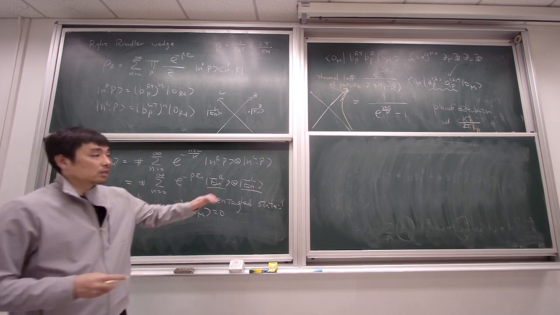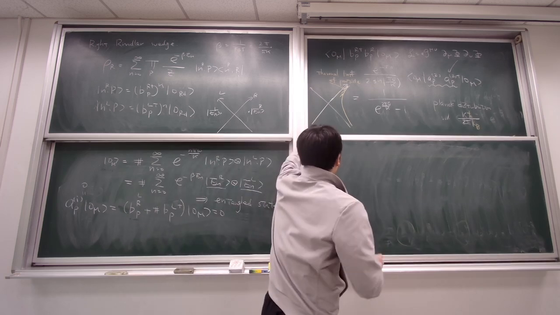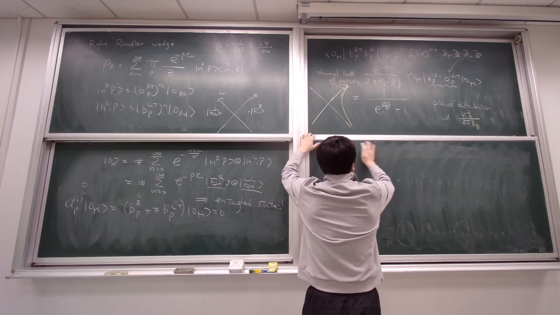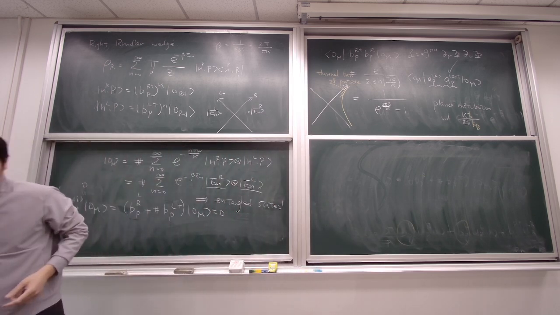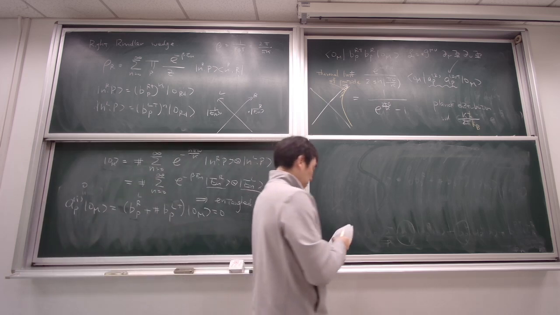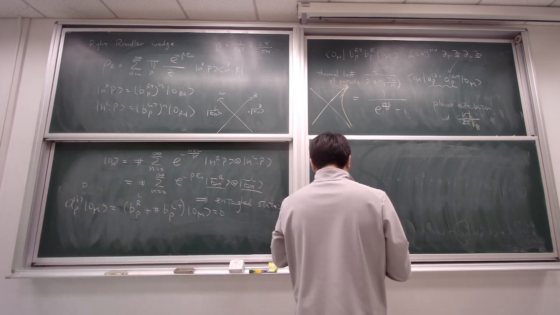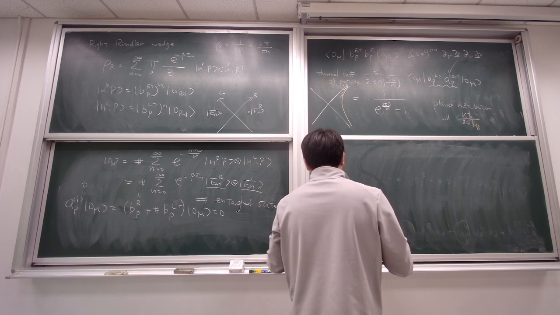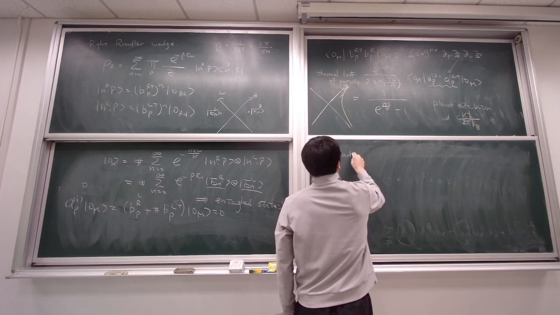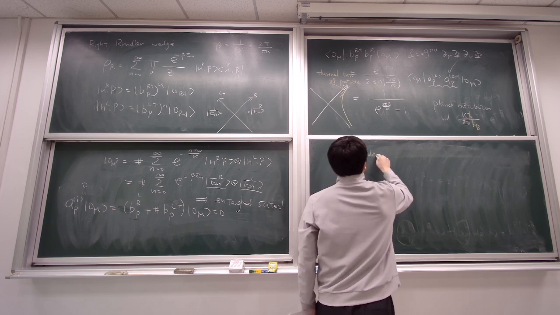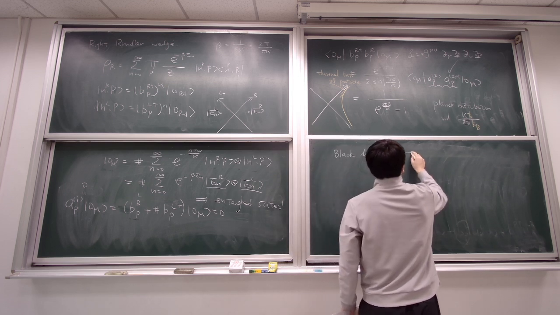Okay, so now we'll move on to the Hawking radiation. But before that, let's recap what we have seen. What we have seen is that a black hole is a thermodynamic object.